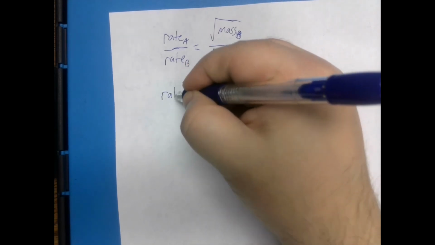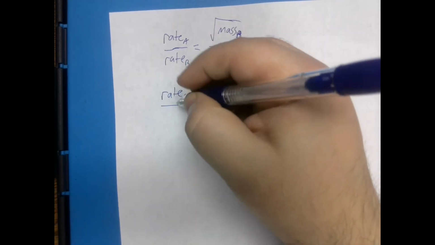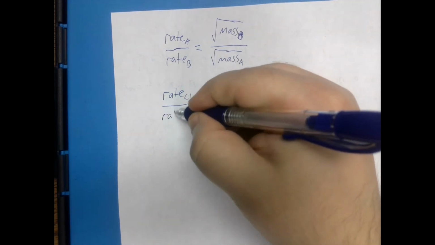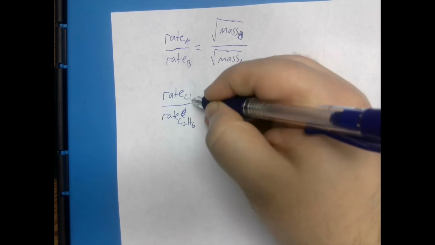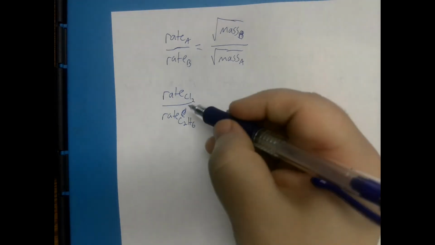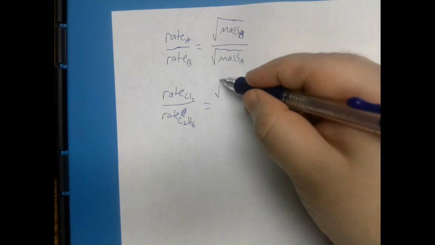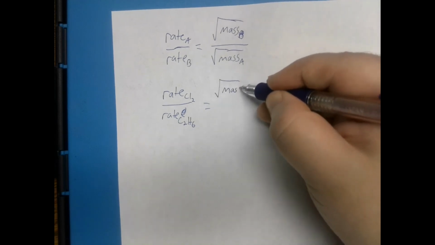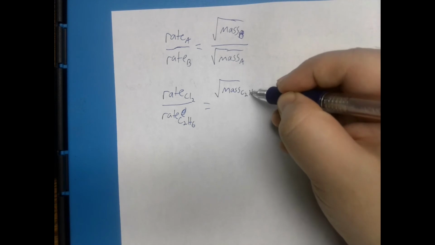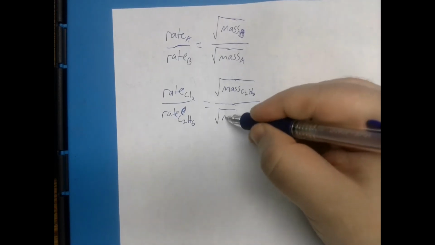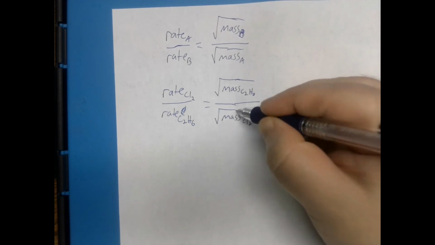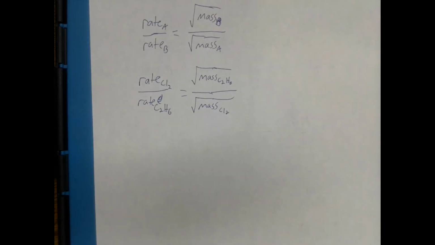Write your answer as the rate of chlorine to the rate of ethane. So when you do the square root of mass, you can put the mass of C2H6 divided by the mass of chlorine. Because you can look at the ratio in two different ways. It'll just make it easier if you wrote it like that.